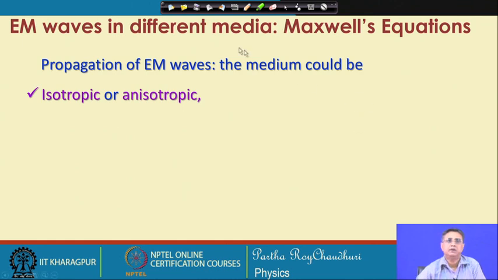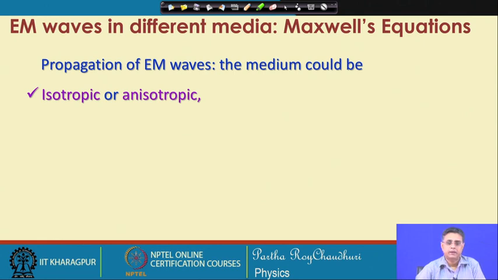Well, propagation of electromagnetic waves can happen in different media, natural media; it could be isotropic or anisotropic. So, let us first look at what is isotropic. If the medium through which the electromagnetic wave propagates is independent of the direction of propagation of the wave, that is, it behaves identically whichever direction the electromagnetic wave propagates, then it is called isotropic.